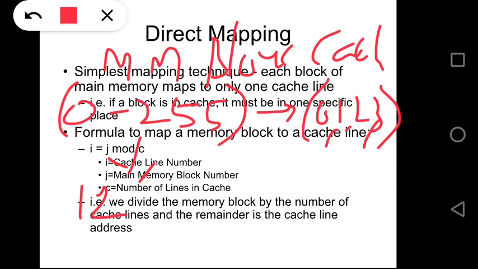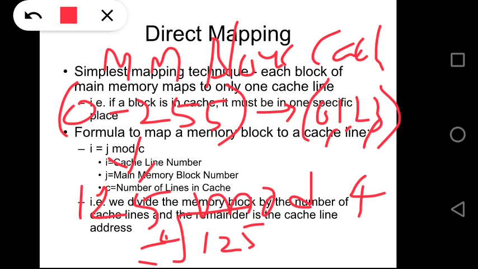Let's take 125. 125 mod 4, how much would it be? Divide 125 by 4. 4 3s are 12, and there would be remainder, 4 1s are 4. The remainder is 1.